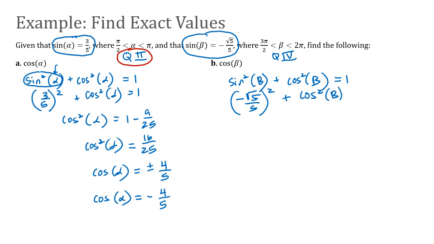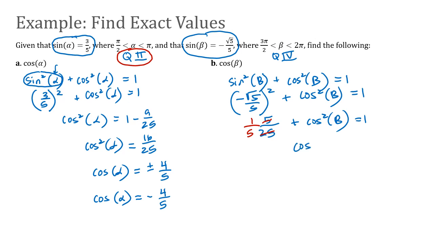All right, so what is negative square root of 5 over 5 times itself? That's going to get me, well, negative times a negative is a positive, and I'm going to get 5 over 25, which I think I could reduce, couldn't I? I could reduce that to 1/5. All right, plus the cosine squared beta equals 1.